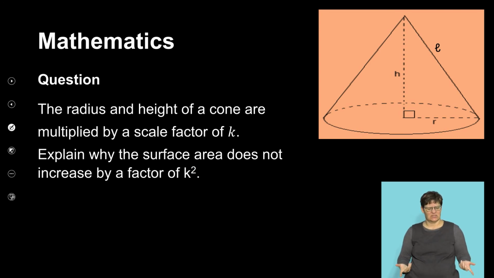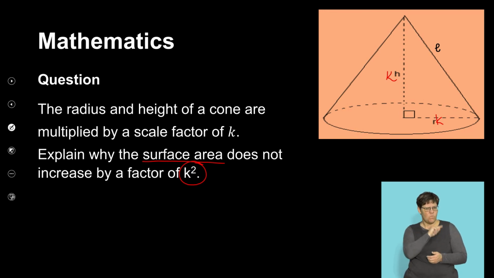Why is this the special case of the surface area not being multiplied by k squared? We're going to talk about why now, but firstly on my diagram I want to account for the fact that my radius has been multiplied by a scale factor of k, so that will be rk, and I also want to account for my height being multiplied by a scale factor of k, so it will be kh.